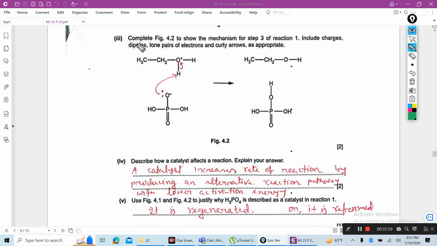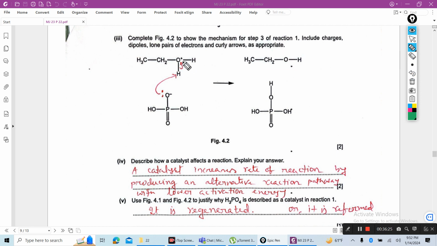Now number 3, complete this figure to show the mechanism for step 3 of reaction 1. Include charges, dipoles, lone pairs and curly arrows as appropriate. You see, the product is ethanol. So here there are 2 hydrogens, 1 hydrogen has to be lost.